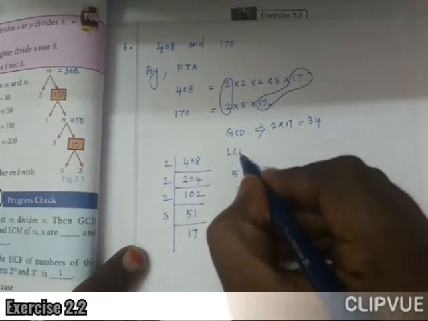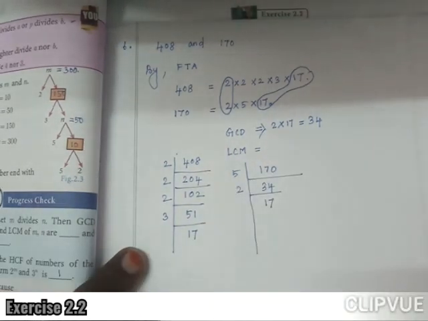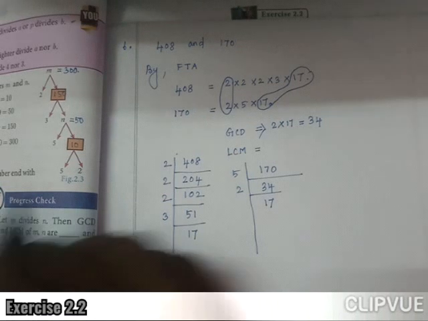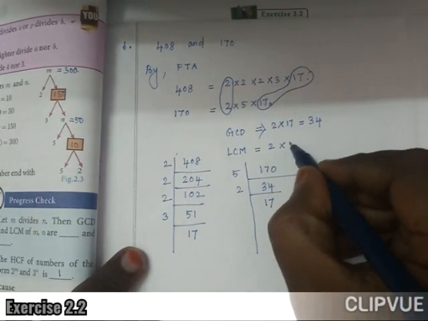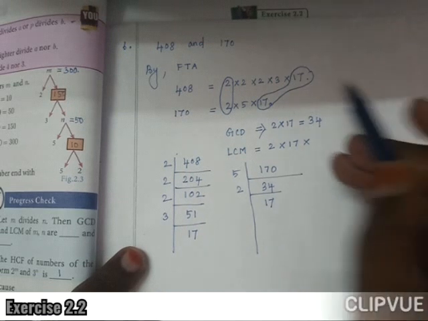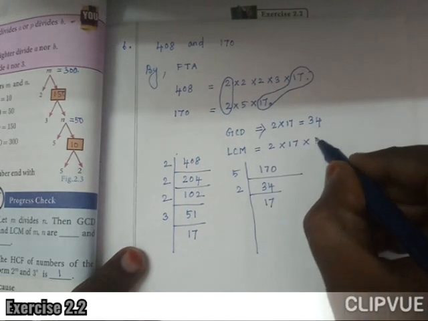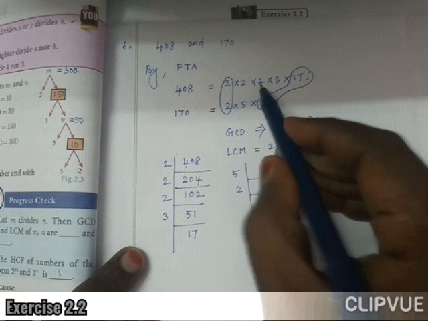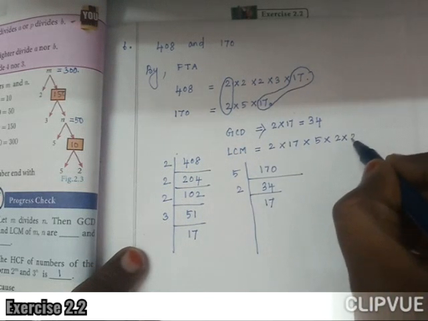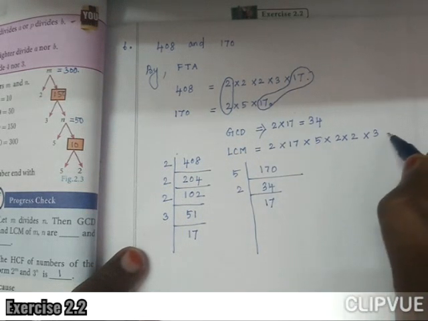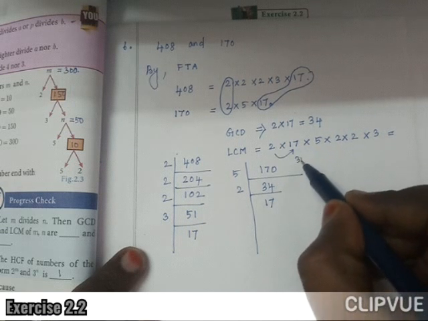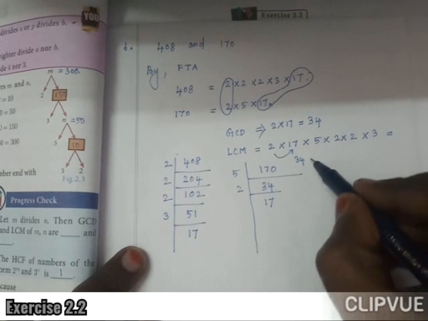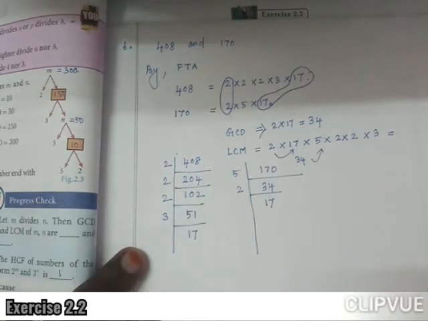And the LCM: the common factors as well as the remaining factors. The common factors are 2 and 17. The remaining factors are 5, and this 2 into 2 into 3. Its product: 2 into 17 is 34, 34 into 5.